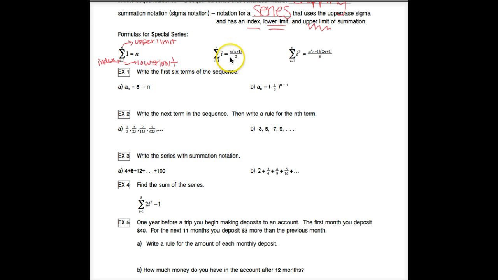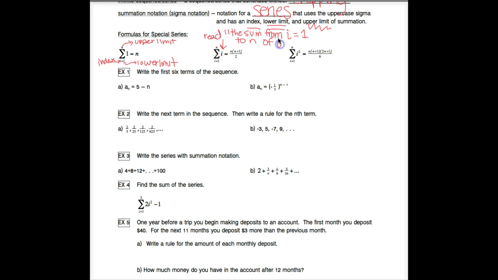Now, here's something that's important. We need to know how to read these sums. This thing right here is going to be read as the sum, that's what the sigma means, from, then you're going to talk your index and lower limit, from i equals 1 to whatever the upper limit is, n, of whatever it is you're taking the sum of.